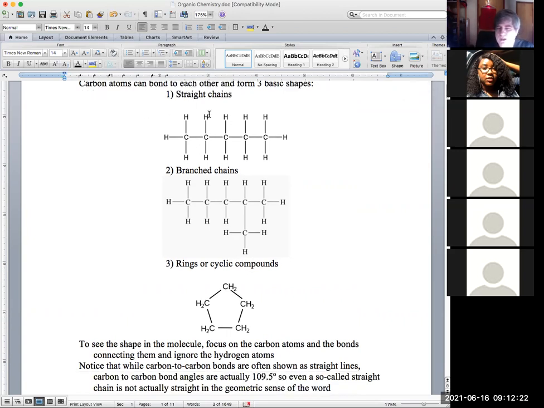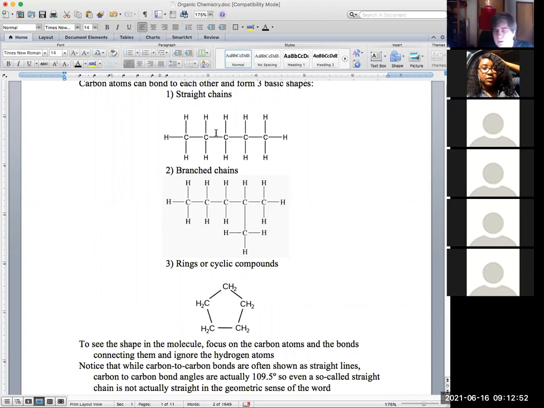Now, notice that when we say that carbon atoms can make a straight chain, this is a little bit of an exaggeration. If we would look at the measurement of the angle, the line between the first carbon atom and the second carbon atom, and the line between the second carbon atom and the third carbon atom, and we would measure that angle, we would get, I think it's called a protractor that we used in geometry to measure angles.